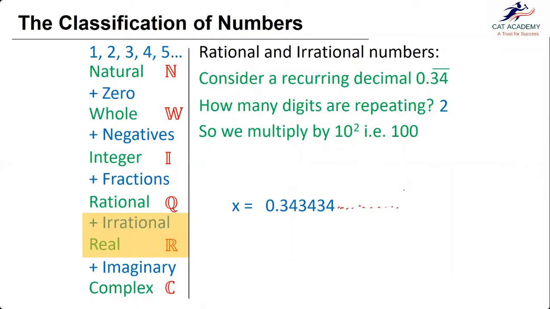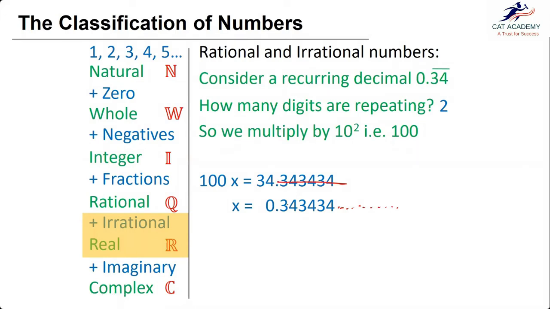So when you multiply this by 100, what do you get? 100x is equal to 34.34343434. When you multiply this by 100, your decimal would shift 2 digits to the right. Correct? Take a difference between the two.